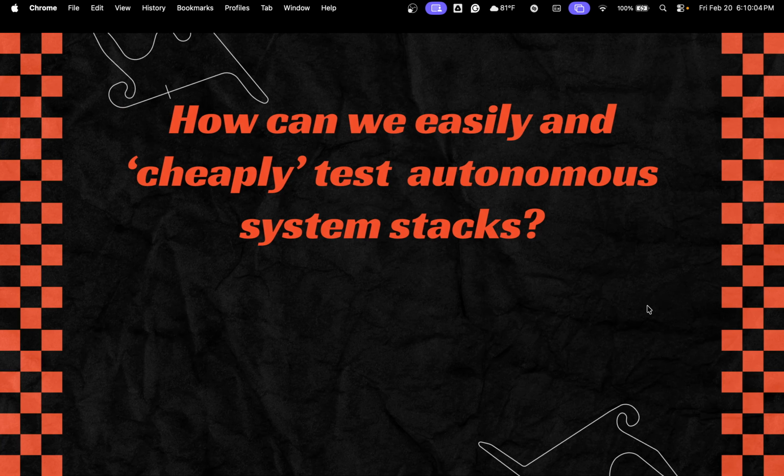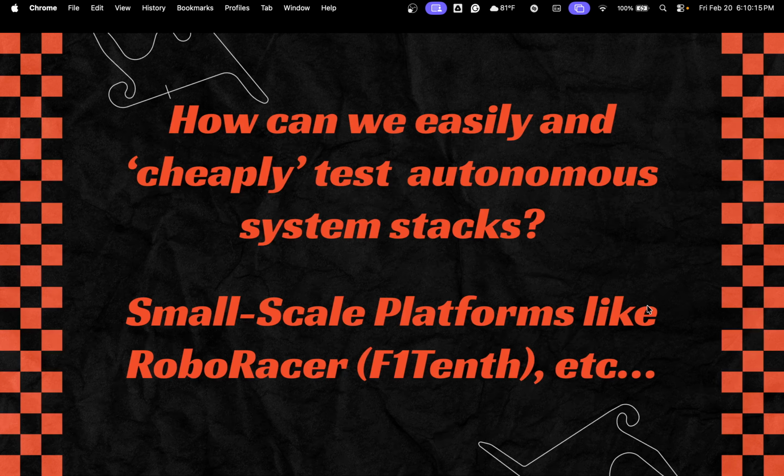Like I said last workshop, how can we easily or cheaply test your autonomous system stacks? You can use a small scale platform like this one. This is an open source platform. You're free to modify it and fine tune it to your need.